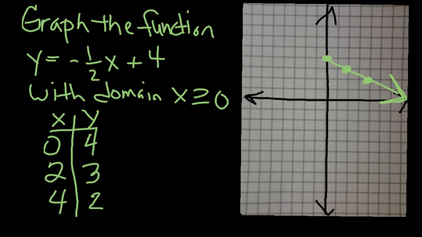This side gets an arrow, because I could have some more x's that are positive. Now, remember it asked us to tell the range. So, let's think about that. The range of this function. That means the y values. Now notice, when I put 0 in, I got 4. Am I ever going to get anything bigger than 4? Is this graph that we made ever going to get bigger than 4, or is it going to keep going smaller in the y's? Say 4, 3, 2, 1, 0.